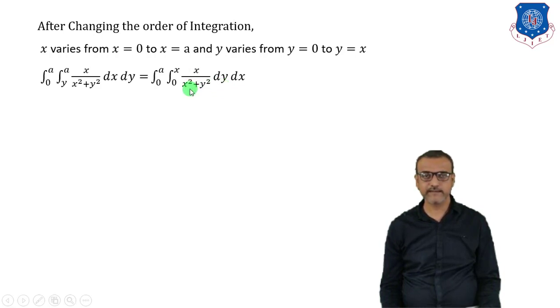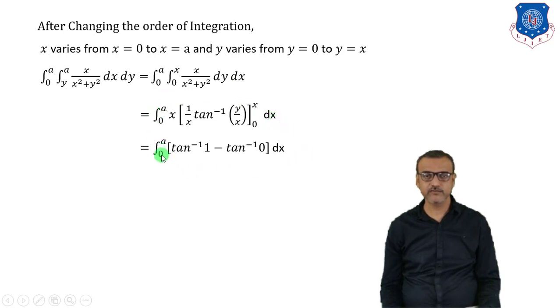So this x and this x square are constant. Now to find the integration of this function, we will apply the formula for the integration of 1 upon x square plus a square dx, that is 1 upon a tan inverse x by a. So this integration from 0 to a stays as it is, this x is constant. Now the integration of 1 upon x square plus y square is 1 upon x into tan inverse y by x, and the limit is from 0 to x, and this dx stays as it is.